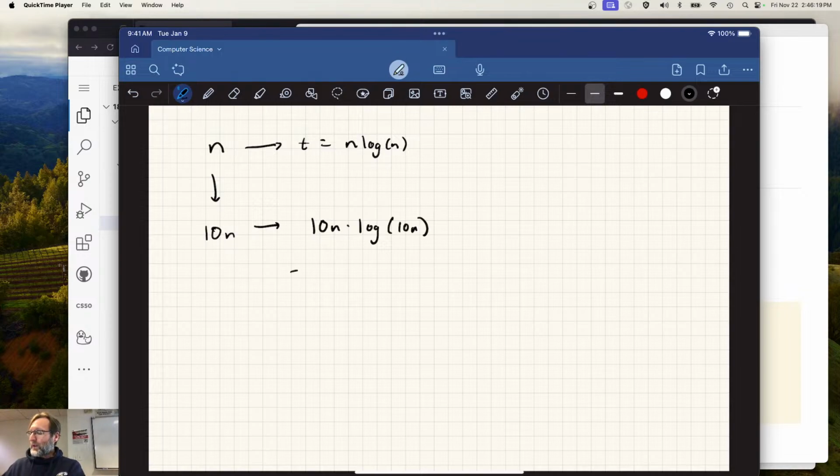This is just algebra at this point. What can I do to that log 10n? Log of ab is equal to log of a plus log of b. So I've got a 10n out front, and this ends up being log of 10 plus log of n. Okay? Switch those around, simplify some stuff, and you'll have 10n log n.